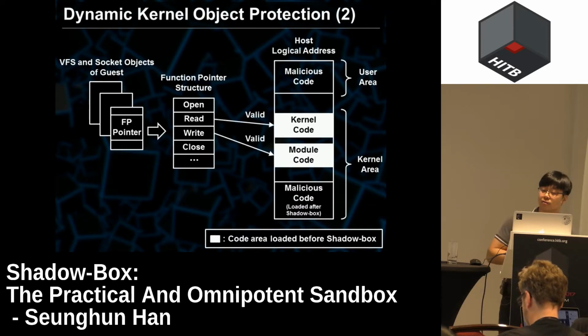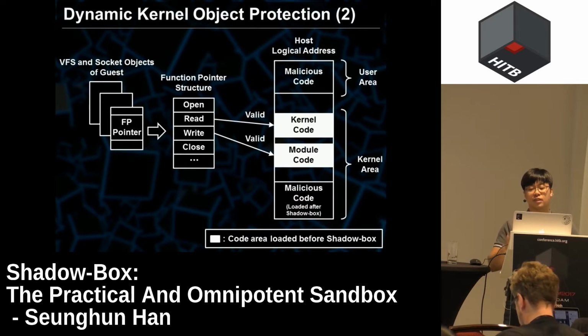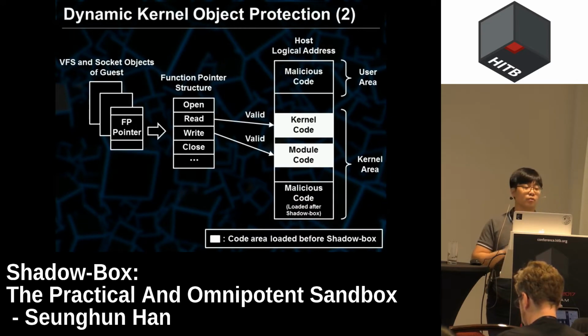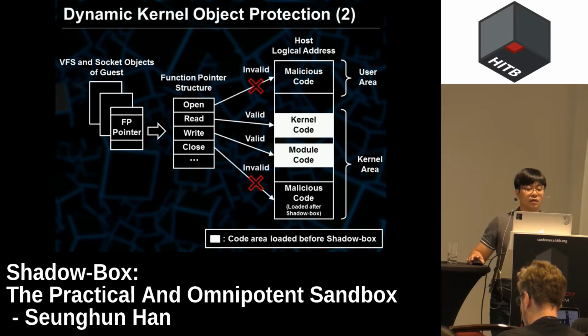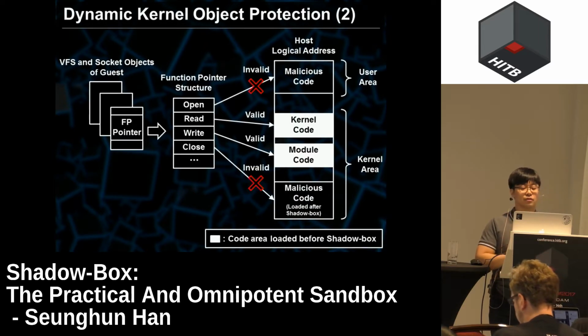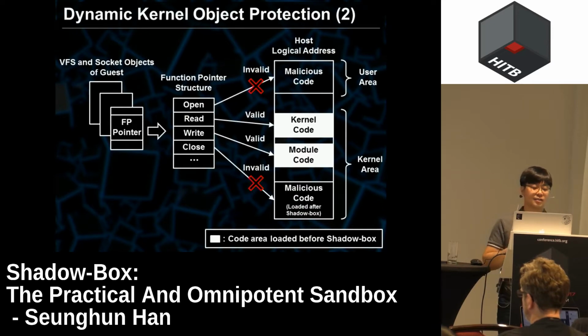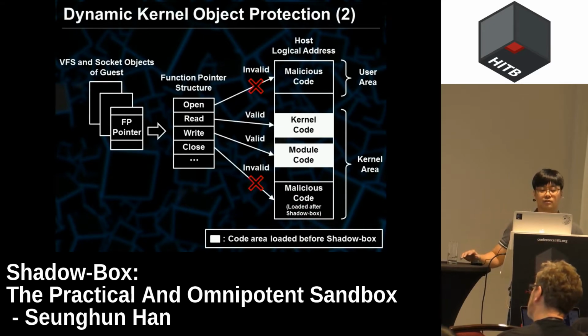The concept of Shadowbox is to protect the loaded kernel, and this means that function pointers should point to the inside of kernel code or module code. If the function pointers point to the outside of them like this, for example, module code which is loaded after Shadowbox, they are invalid function pointers.